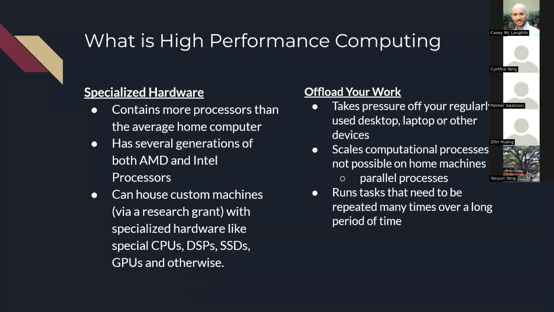We have a lot of different architectures. We use Intel and AMD, and we don't really prefer one over the other. We just look at what's the best performance for the right price. And we can, for example, host custom machines for you if you have a grant for a specialized FPGA, GPU, whatever type, we can host it in our systems.